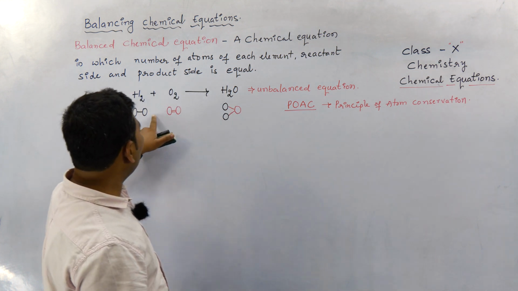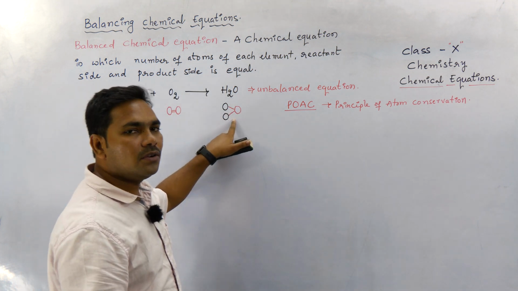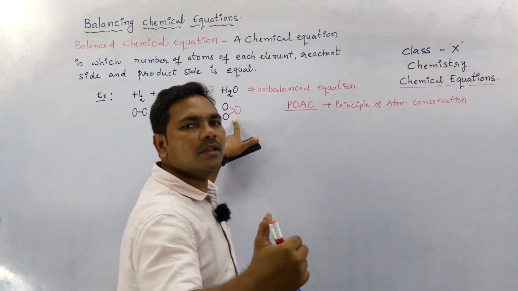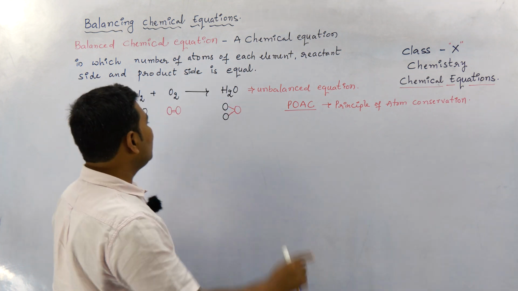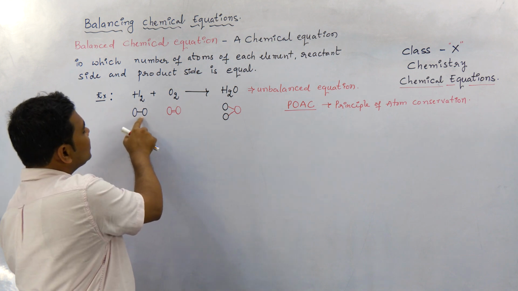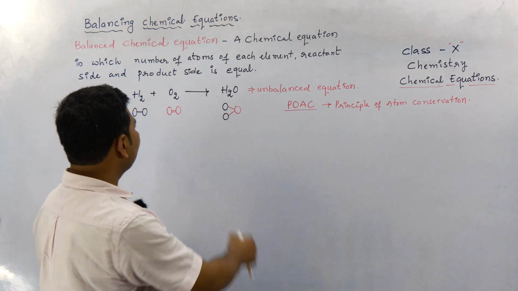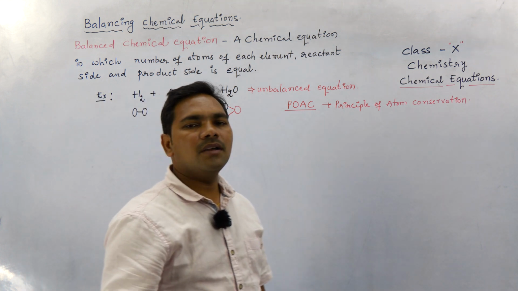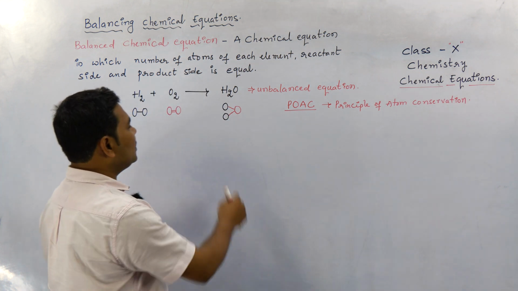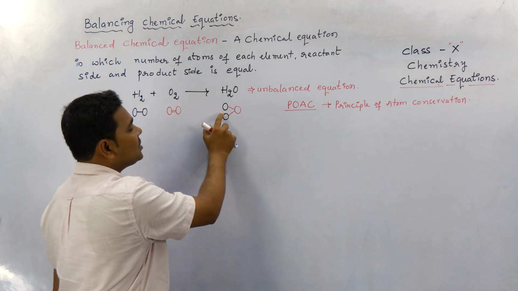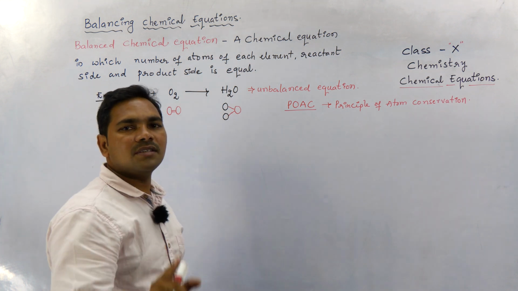You see this equation, the circles are the best way to understand what is happening during a chemical reaction. Before the chemical reaction, two hydrogen atoms are bonded with each other, and two oxygen atoms are bonded with each other. But after the chemical change, two hydrogen atoms are not bonded with each other. Instead, they are bonded to an oxygen atom.